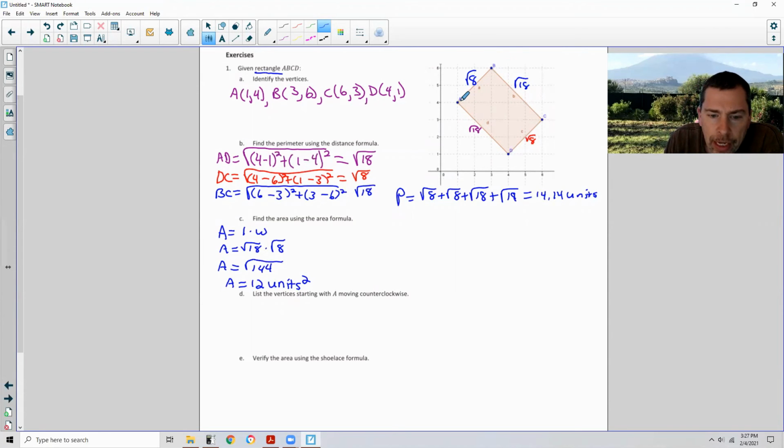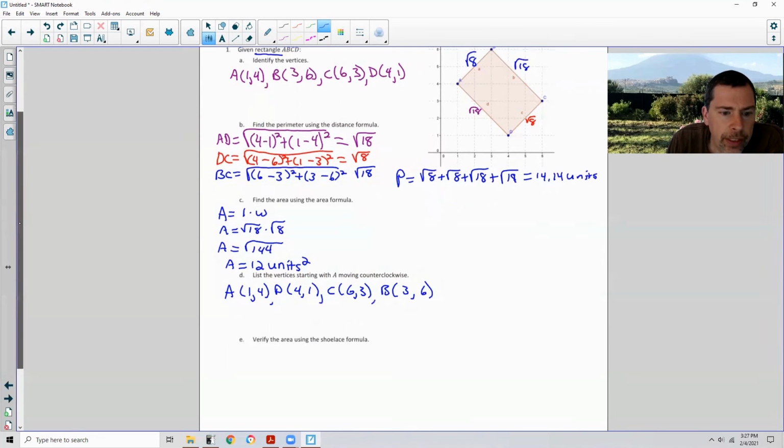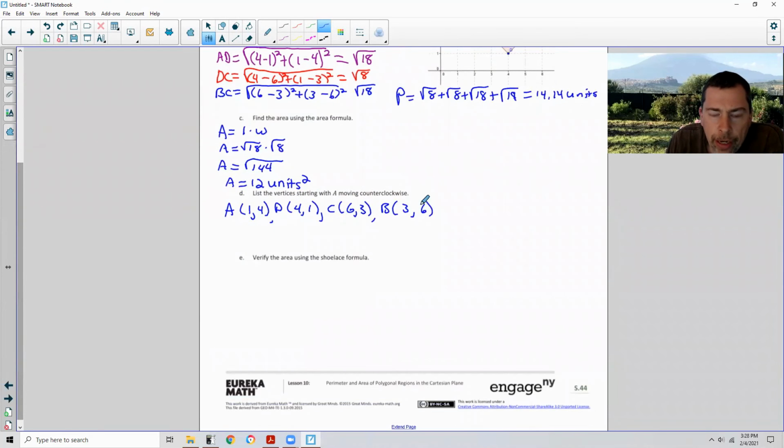Counterclockwise, beginning with A, would be A, D, C, B. So I just want to do what I did in 1 and rearrange them in order of A, D, C, B. So A, 1, 4, and then D, 4, 1, and then C, which is 6, 3, and finally B, which was 3, 6. Okay, so now they're listed in order counterclockwise.